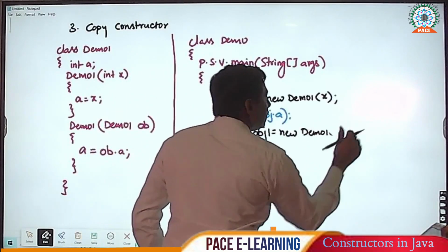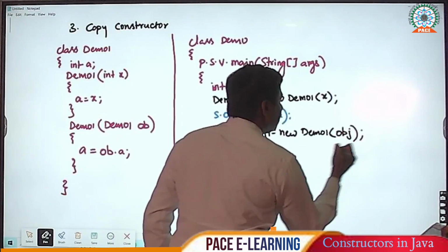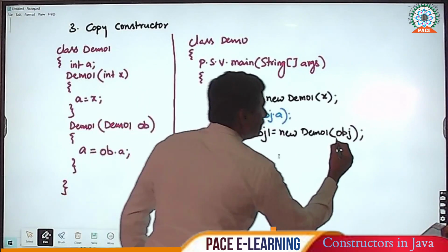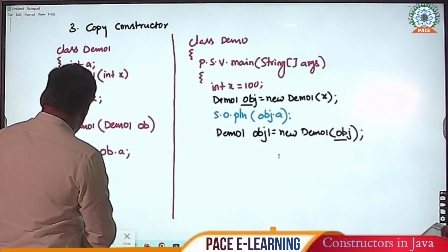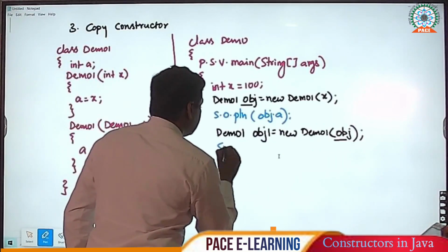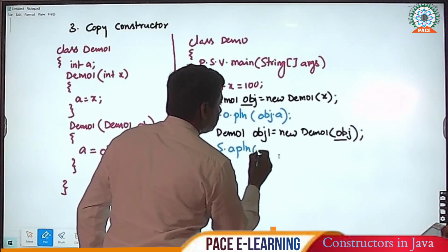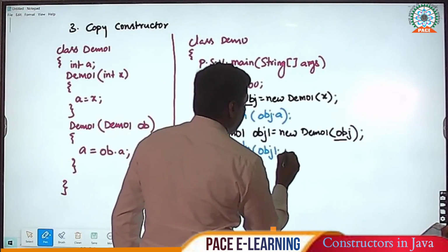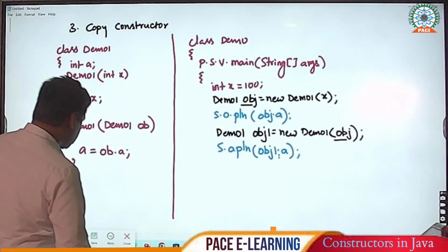I'm passing object obj, which was created previously. So here it is obj, I'm passing it as parameter here. Let me print here: System.out.println of obj1.a. Okay, I will explain what is happening in this code.